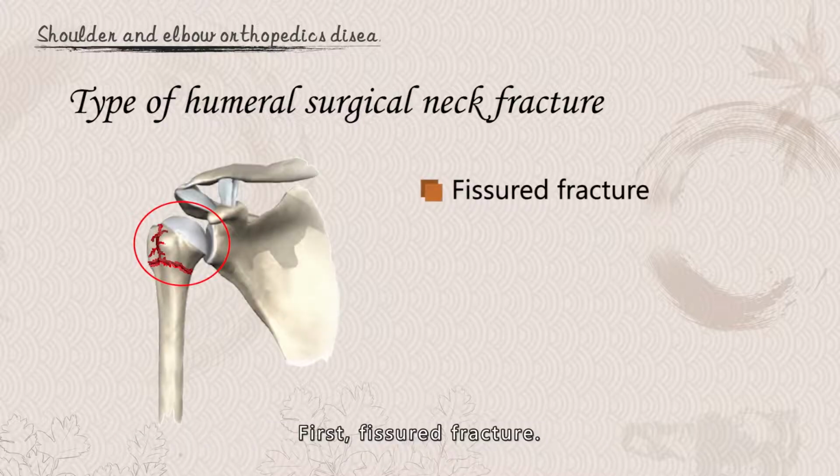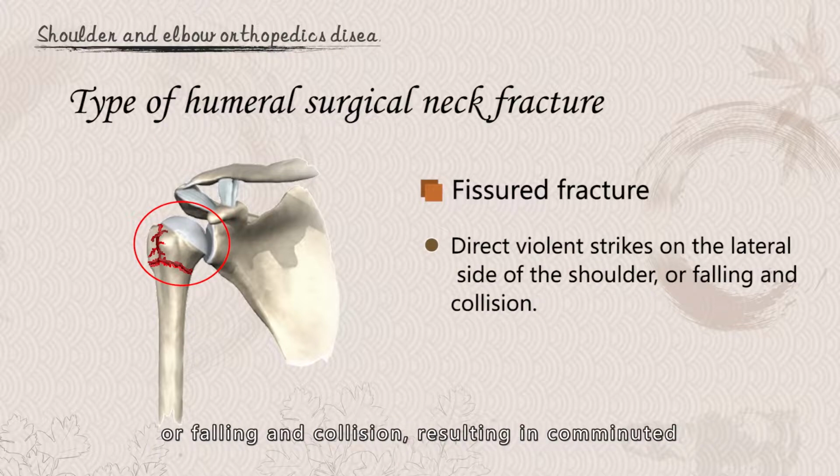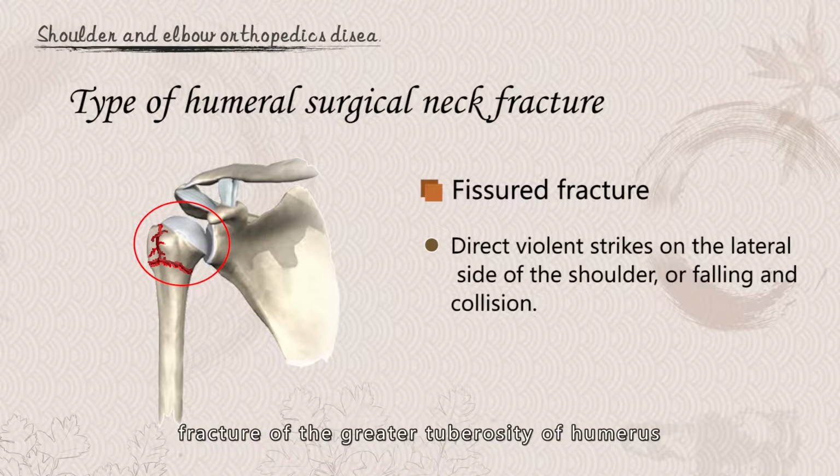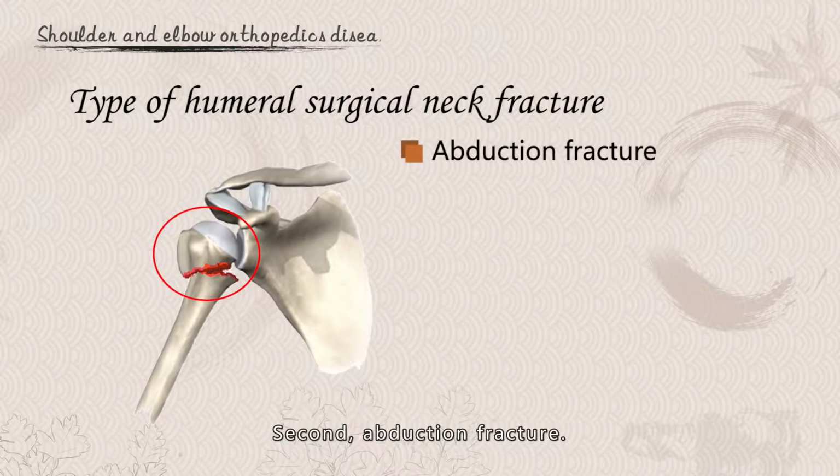First, fascial fracture. Direct violent strikes on the lateral side of the shoulder, or falling and collision, result in comminuted fracture of the greater tuberosity of humerus and fascial fracture of the surgical neck, mostly without displacement. Second, abduction fracture.